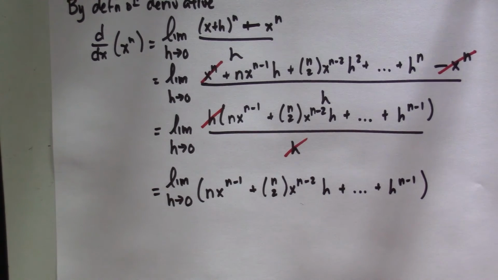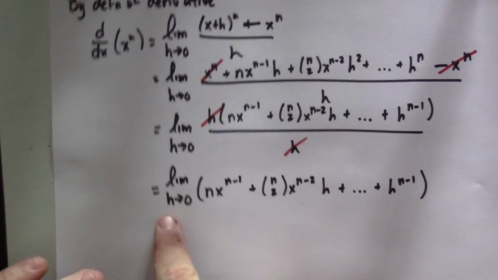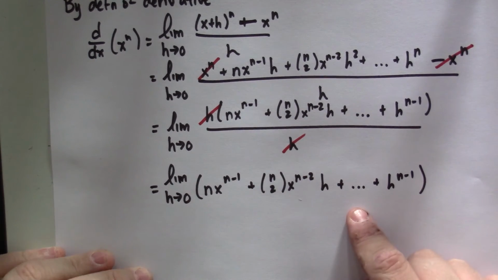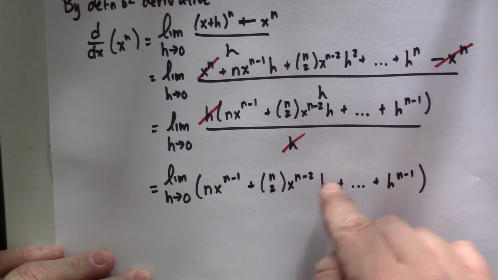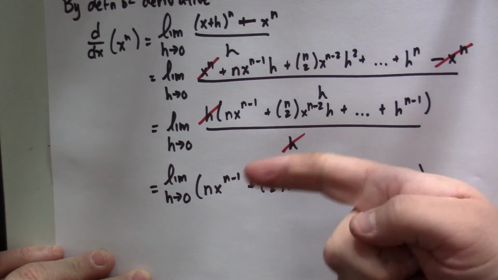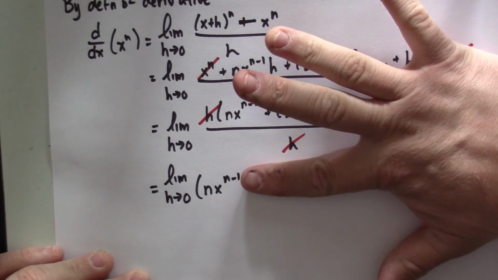Now just like before, this is a polynomial, I can just plug in 0 for h, but what I want you to see is every term has an h except this one.